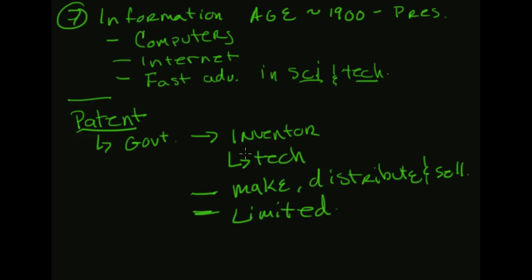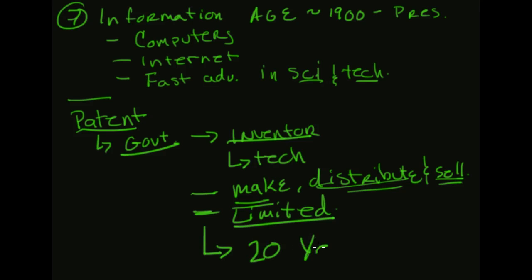Okay, so when you invent something, you go to your government, you say, I want a patent, and you get to be the only person that can make, distribute, or sell that for a limited amount of time. Now, in the United States, that time period is 20 years.